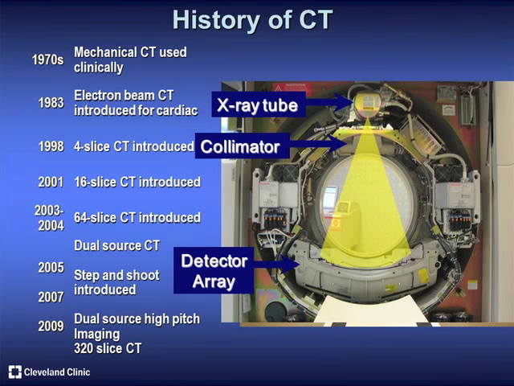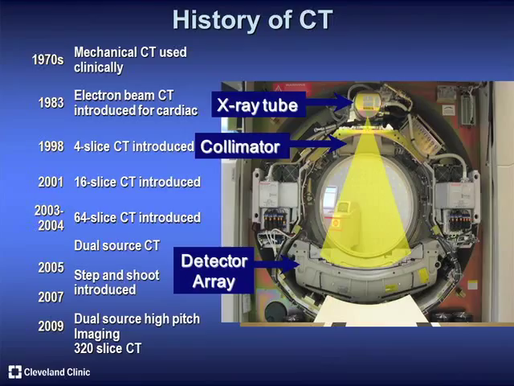CT is very new as a technology for assessment of cardiac or coronary structures especially. Most of us, at least I certainly know what I was doing in 2003, 2004, which is when the real cardiac or coronary capable CT angio, the 64 slice, came into full swing.